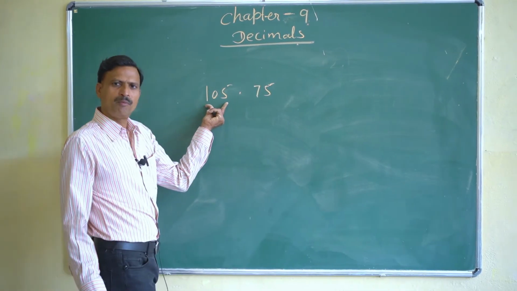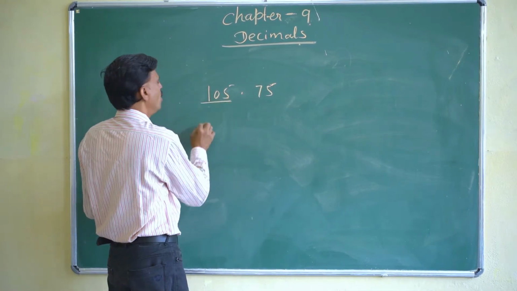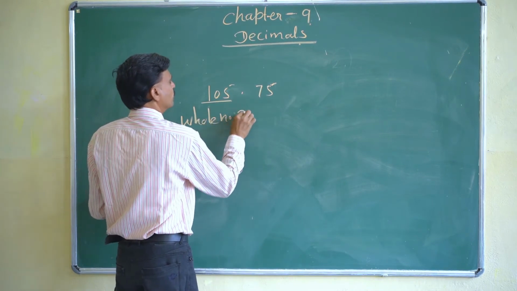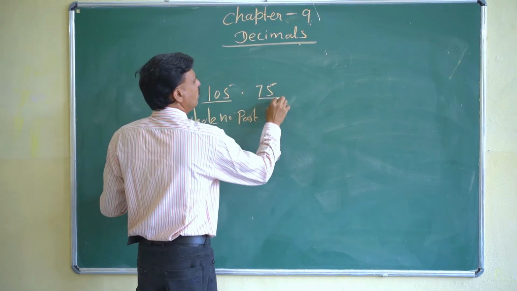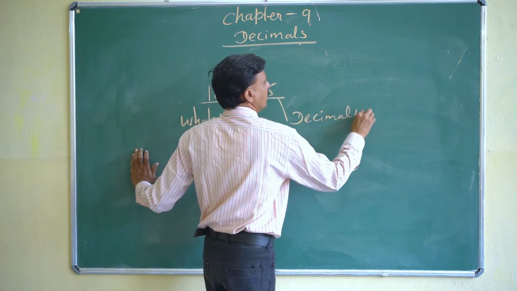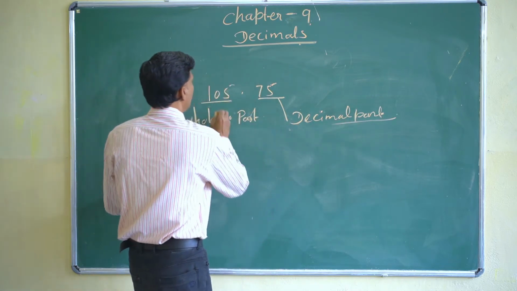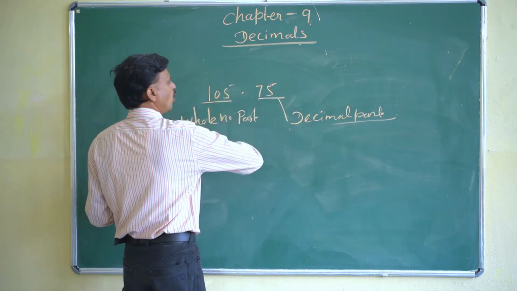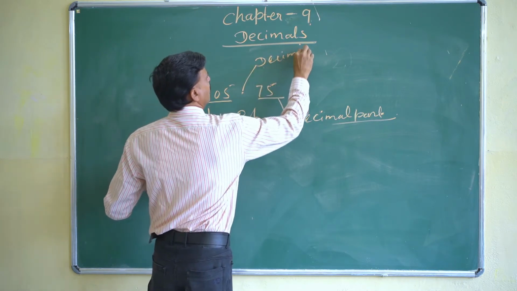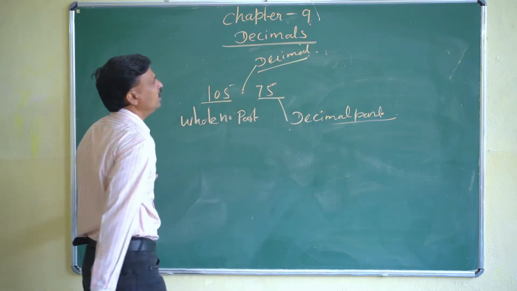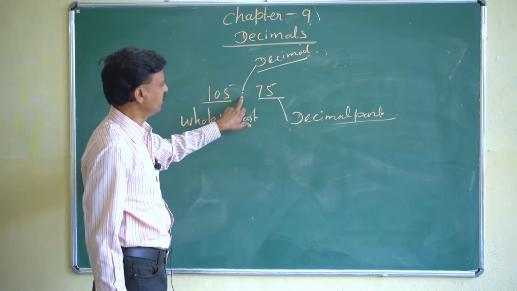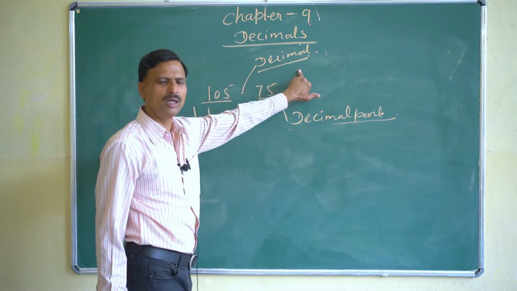This value 105 is called the whole number part, and the second value is called the decimal part. This dot is called the decimal point. Got it?